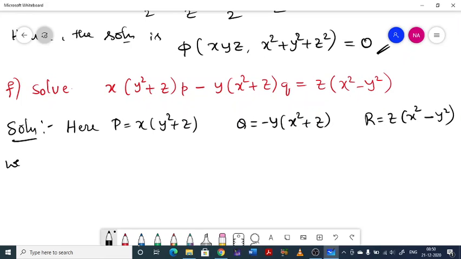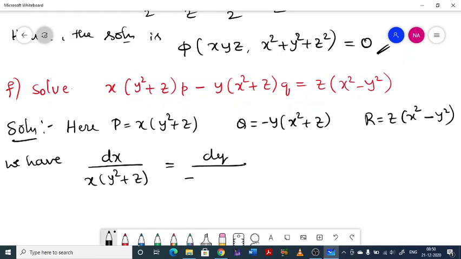We have dx by x into y square plus z equal to dy by minus y into x square plus z equal to dz divided by z into x square minus y square.